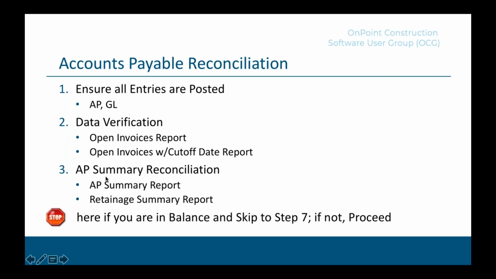So then there's a summary reconciliation report and a retainage report. If those balance to your AP trade and your retainage payable account, then you can stop here. You don't have to go any further. You can skip to 7.